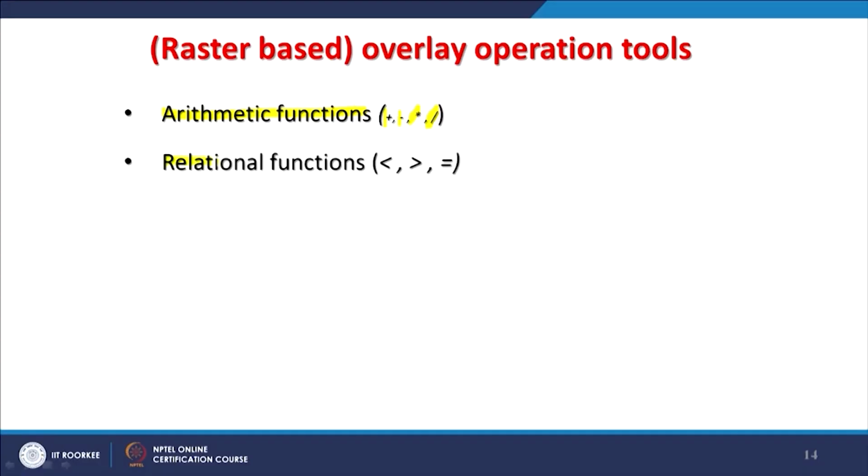You can also perform relational functions, less than, greater than, equal to, or in combination also. Within the same syntax, within the same query, I can use some arithmetic, some relational or some logical operations together.